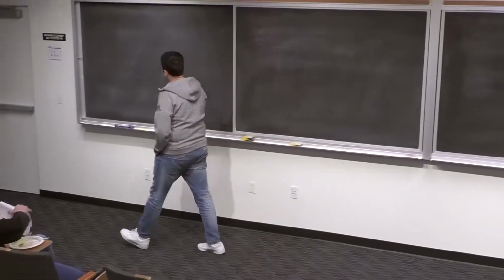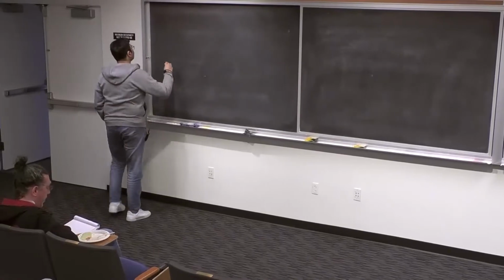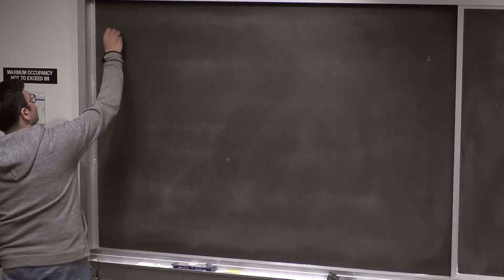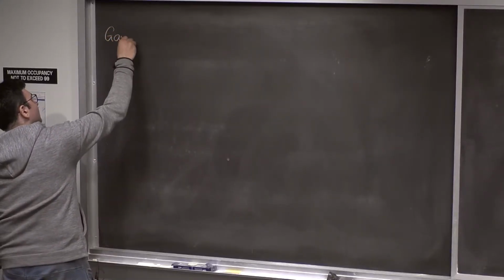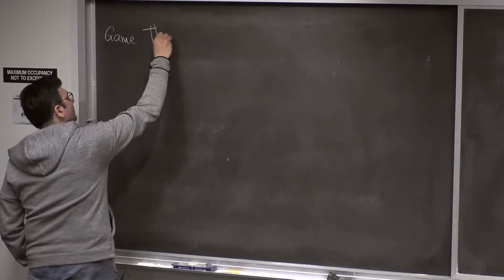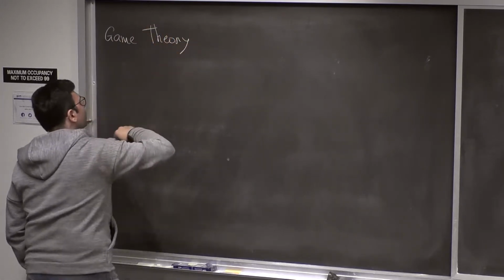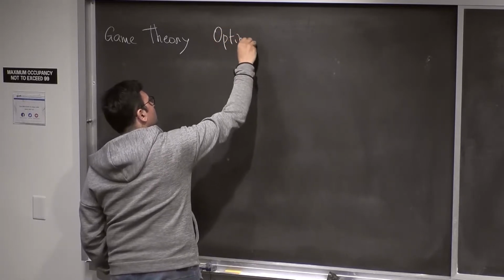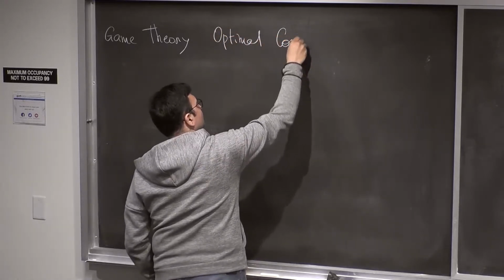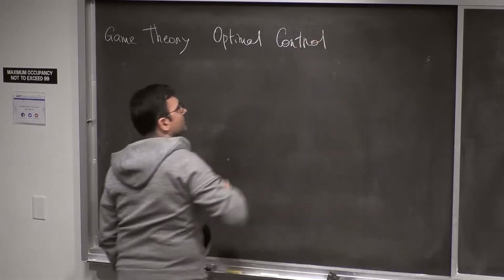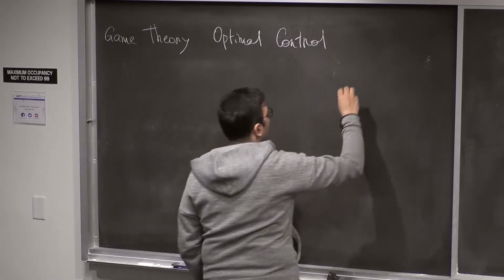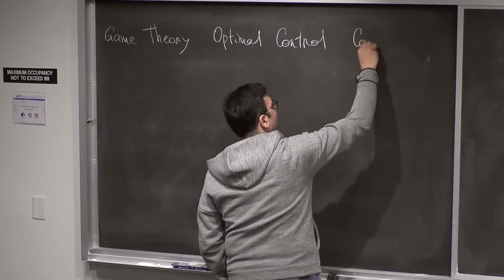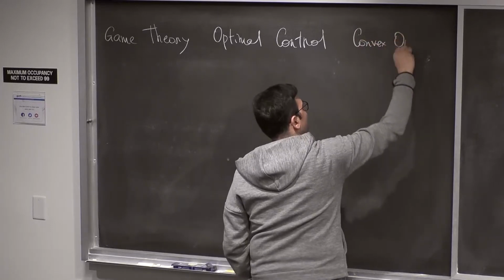The three big, let's say the three whales of mean-field games, are the following three theories: game theory, optimal control, and convex optimization.